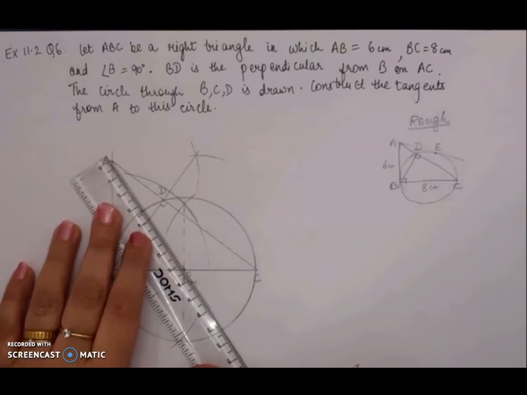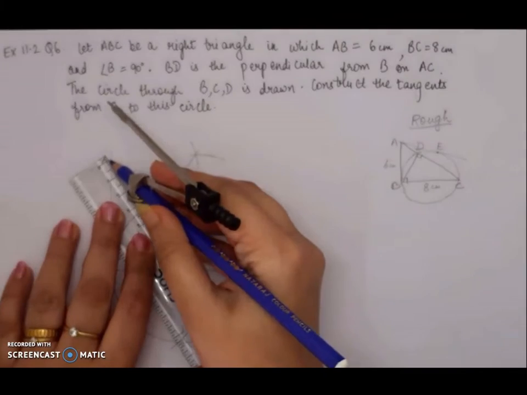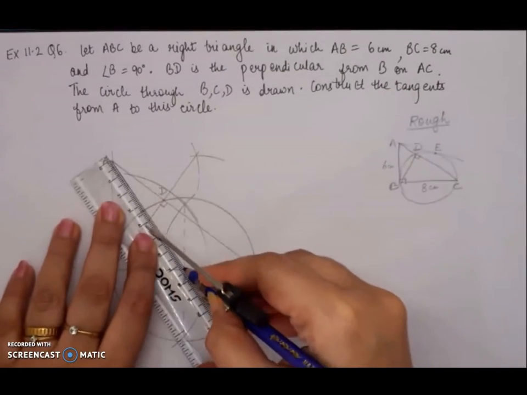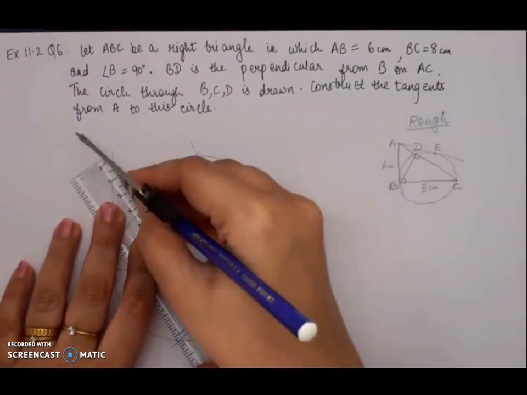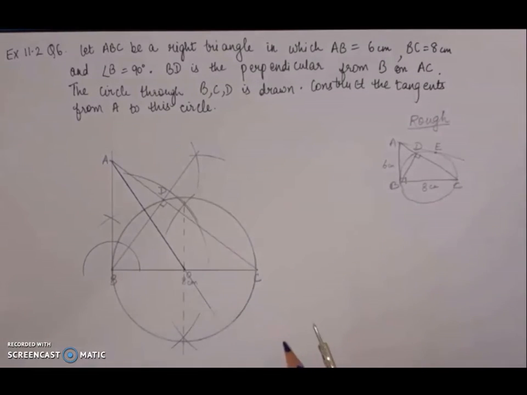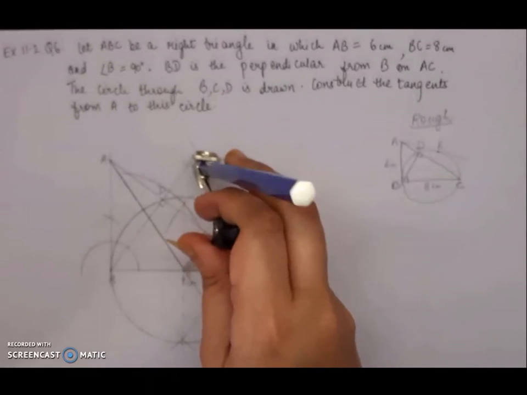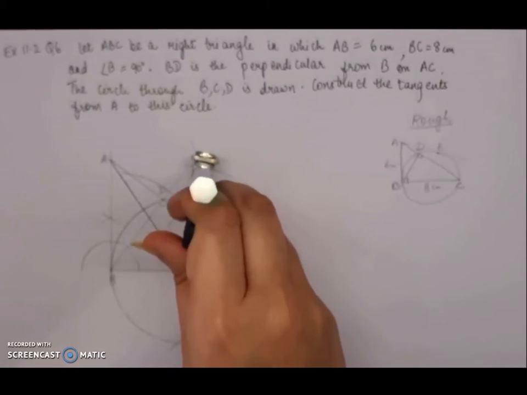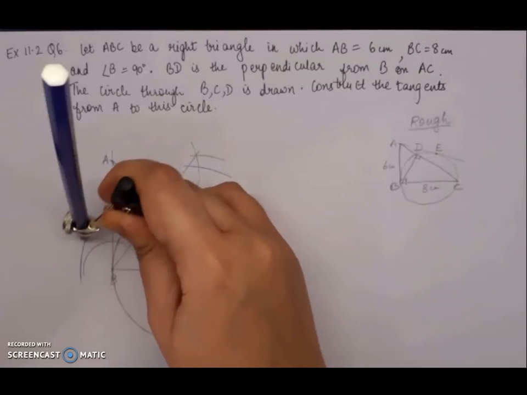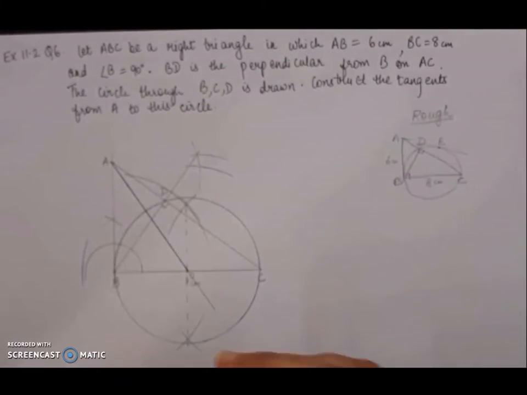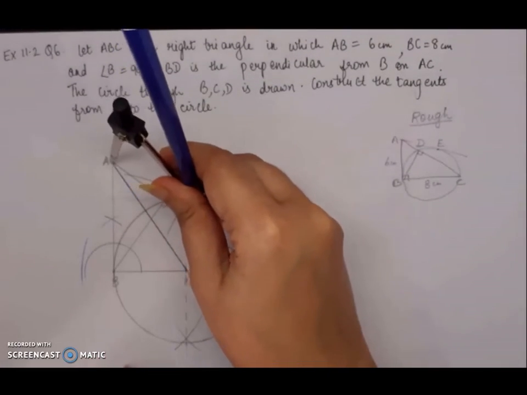Now same way as we construct tangents from any external point, we will be following the same steps. So join the external point to the center of the circle. Then draw a perpendicular bisector of this line segment, that is AO. So in the next step, we are drawing perpendicular bisector of AO.